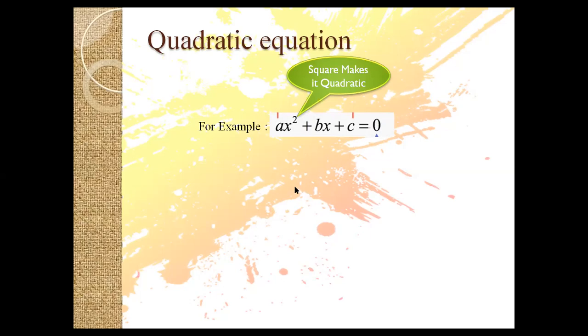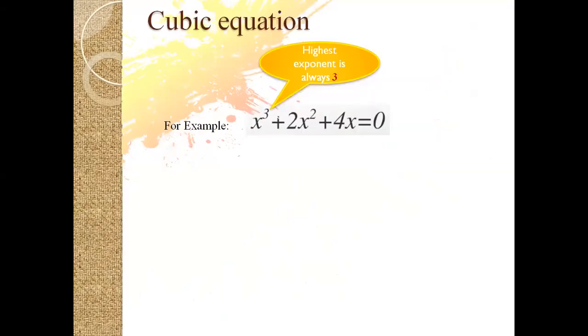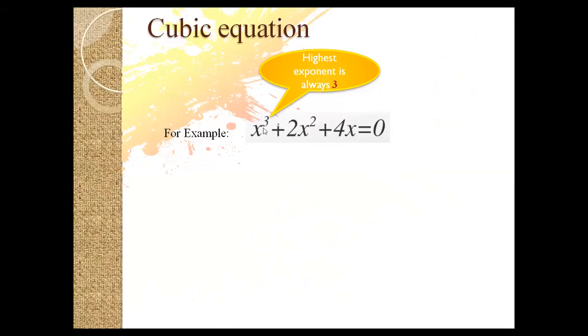Now we will see the next type, that is the cubic equation. What is a cubic equation? A cubic equation is also an equation like quadratic and linear, but this equation has a power of 3. The highest exponent is always 3, and a cubic equation is an equation with a degree of 3.